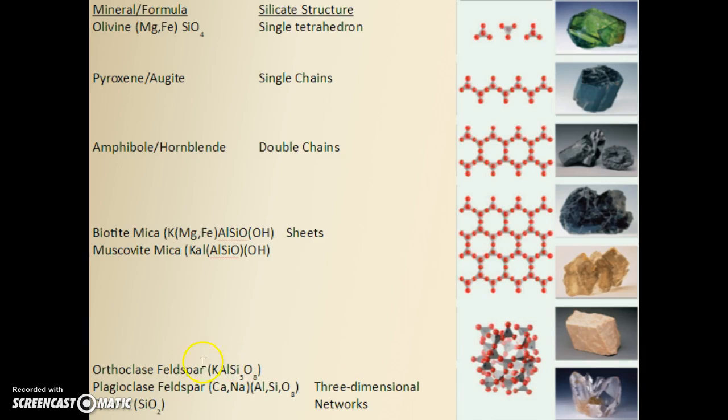These are my felsic minerals. Here's my K-spar, here's my quartz: orthoclase feldspar, plagioclase feldspar, and quartz. These have three-dimensional networks. They've had the longest time, as the magma cools, to evolve into a much more complex three-dimensional network. And there, people, as we say in the rock world, there you have it.